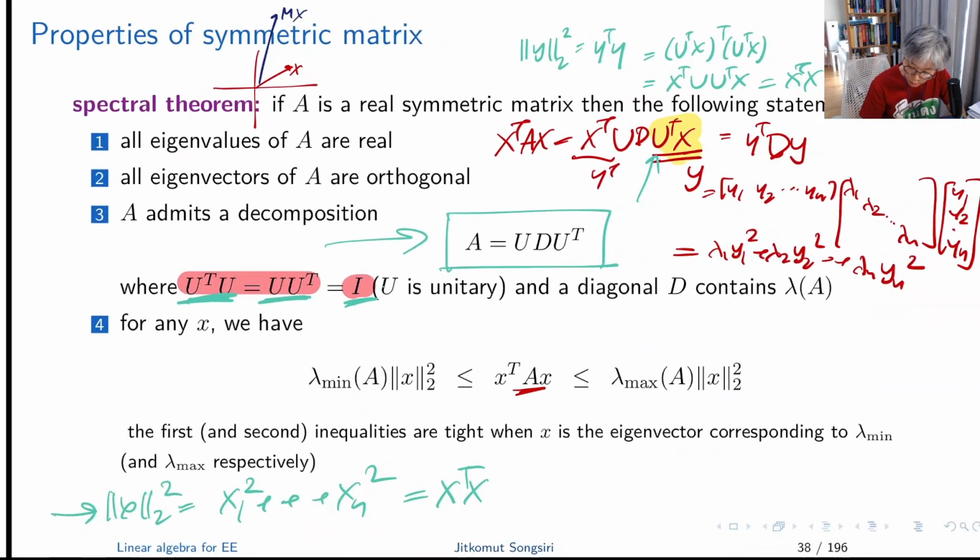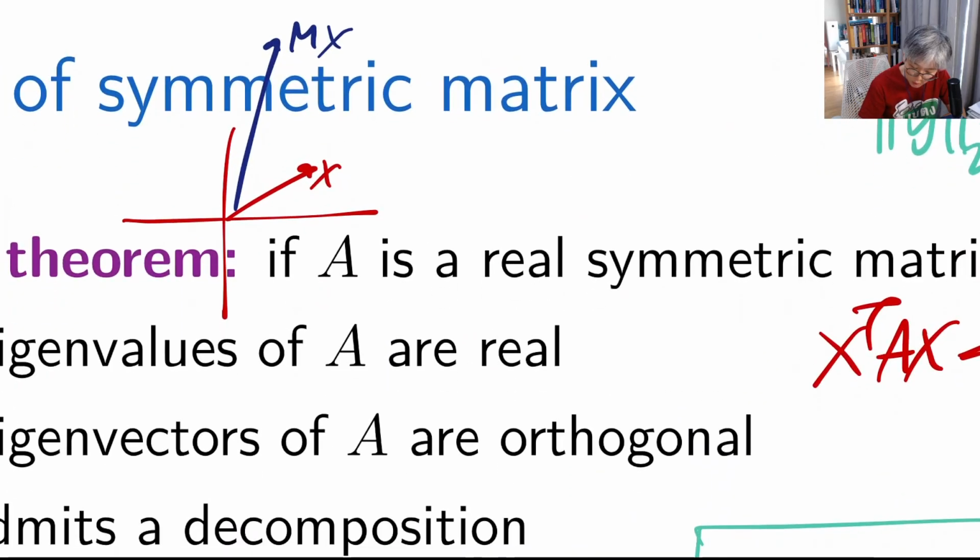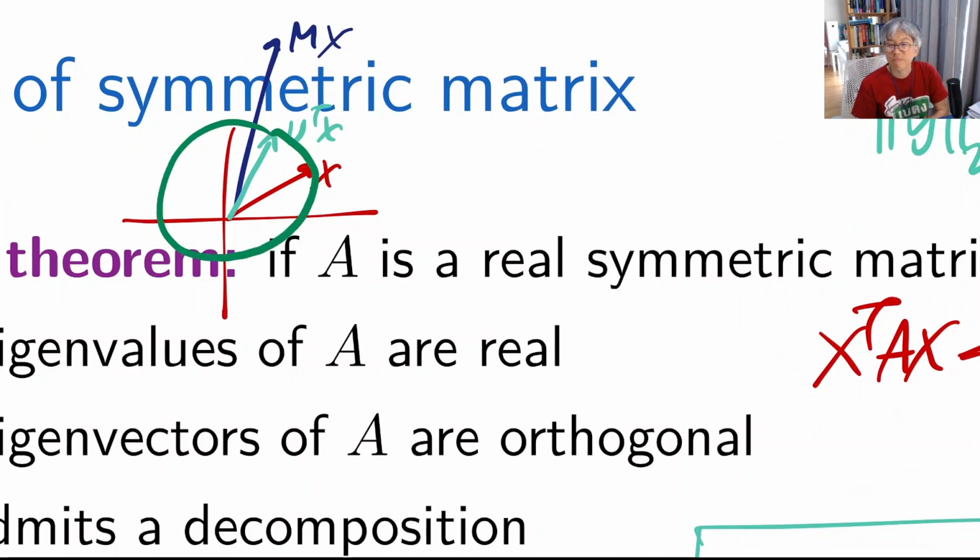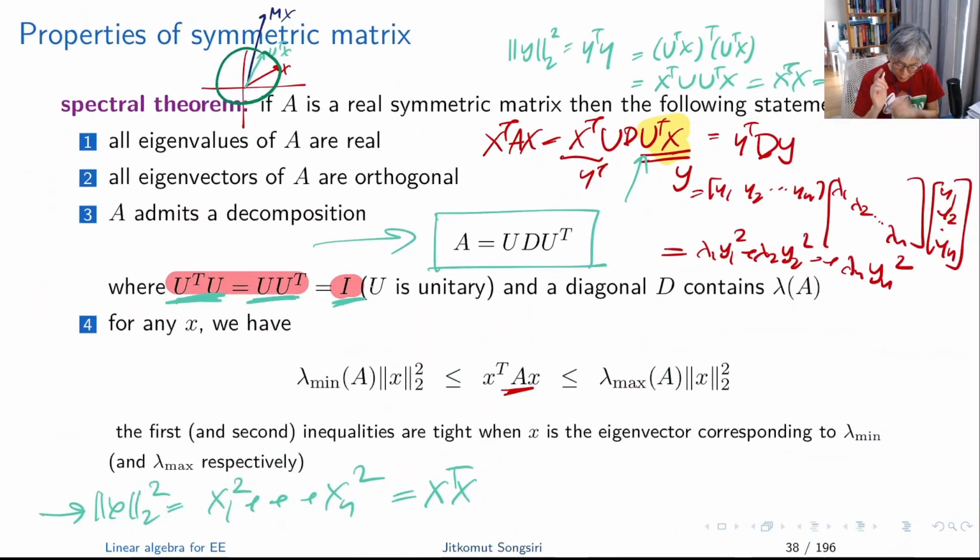What we have derived here is that when you multiply x with the unitary matrix U transpose, the norm of Y doesn't change. It is the same as X. So what it means is that your vector U transpose X is around here because the norm has to be the same as X. Okay, that is one result.